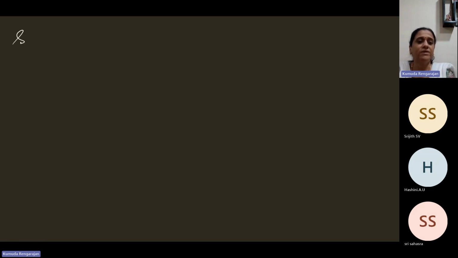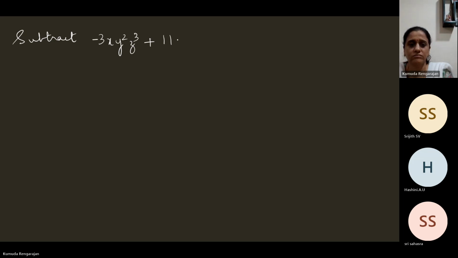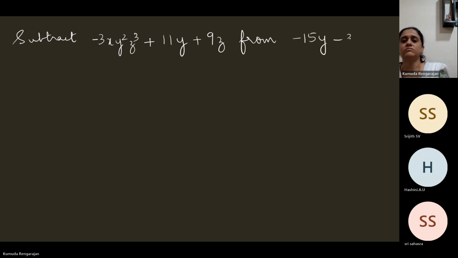Now let's see how subtraction works. So we know when we're doing the vertical, here also we have both the methods, vertical and horizontal.